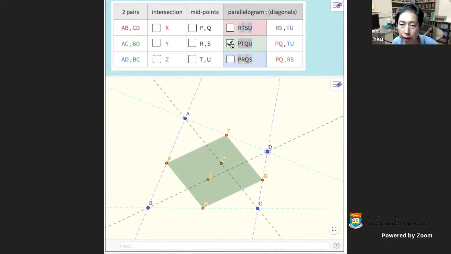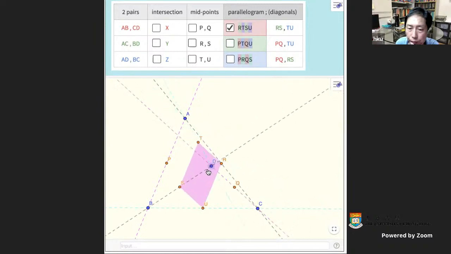Now, what interests me is that we identify 3 parallelograms out of the 6 points. You just take away 2 points each time, then the remaining 4 points will form a parallelogram. And I also distinguish the parallelograms according to their diagonals. So the first one, RTSU, has the diagonals RS and TU.